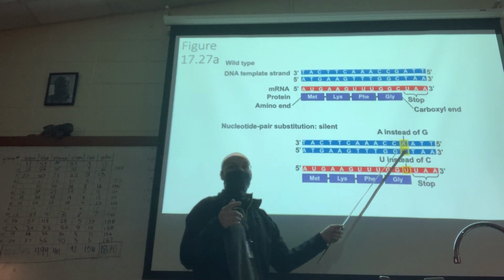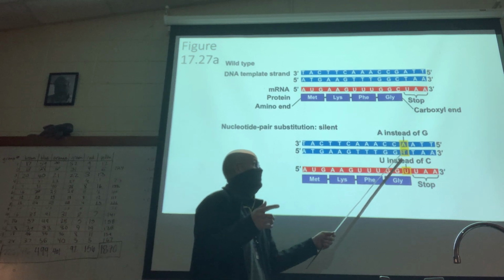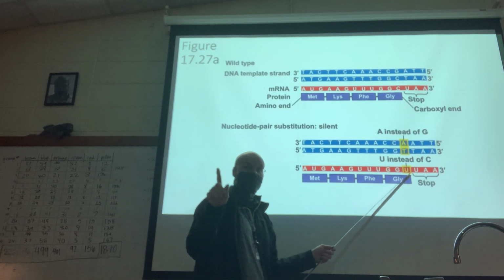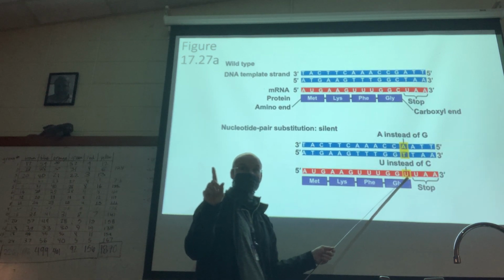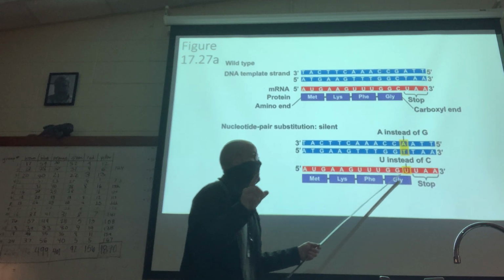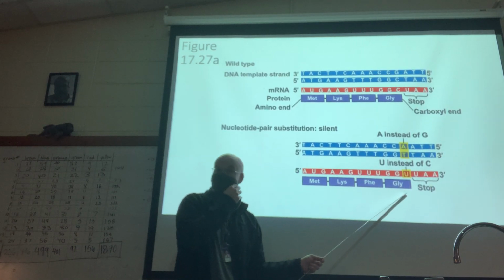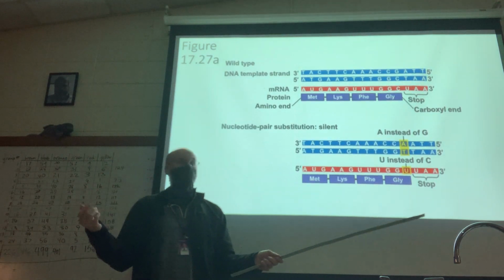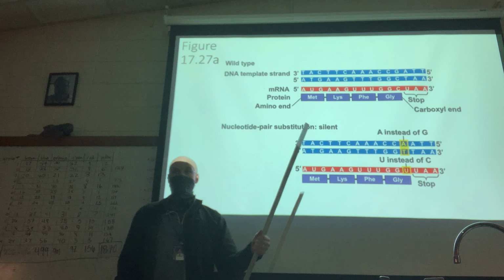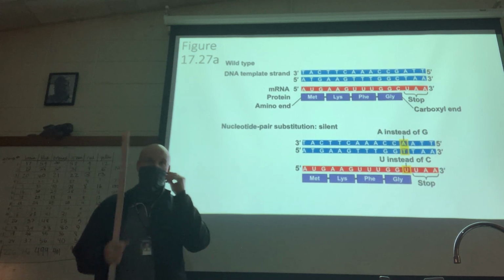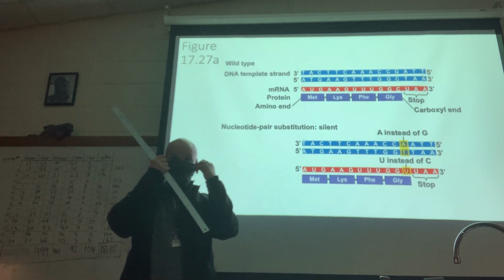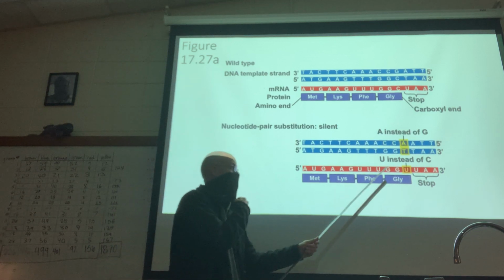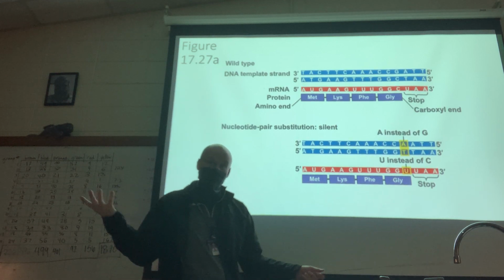So this is a case where you could change a letter in the DNA, it changes a letter in the message or messenger RNA, but it's actually the same amino acid, so you wouldn't even know. And that's called a silent mutation. That's one possible mutation. It's a change, but it doesn't end up changing anything.